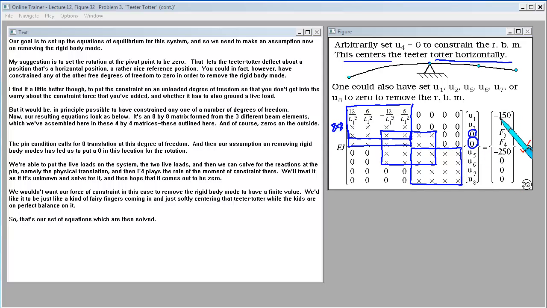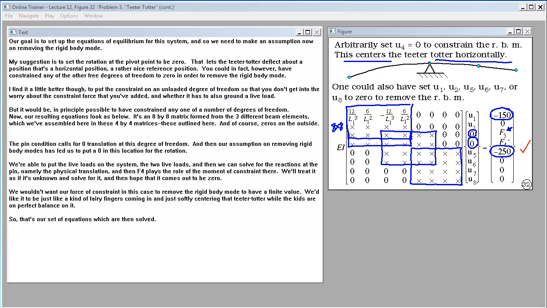We're able to put the live loads on the system, the 2 live loads, and then we can solve for the reactions at the pin, namely the physical translation, and then F4 plays the role of the moment of constraint there. We'll treat it as if it's unknown and solve for it, and then hope that it comes out to be 0.